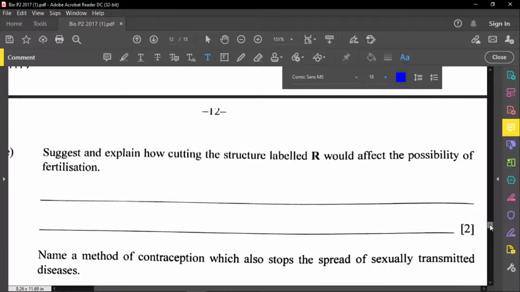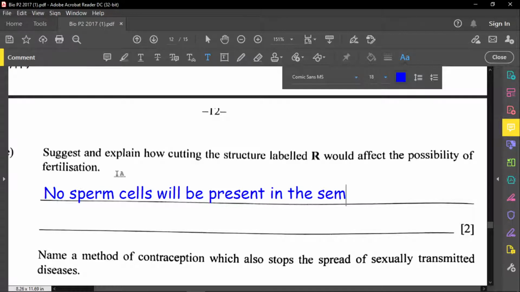It's as simple as this: no sperm cells will be present in the semen. Therefore, no possible fertilization.